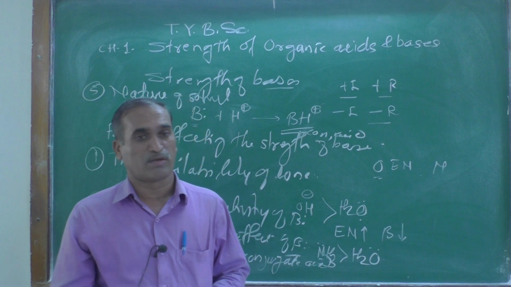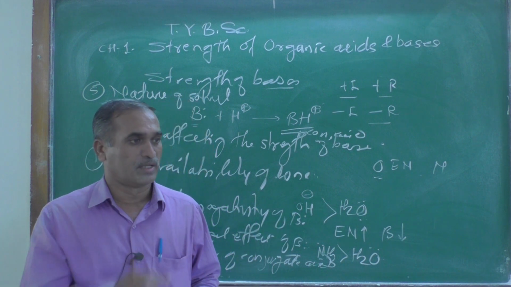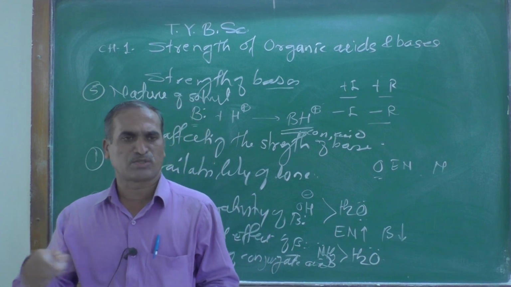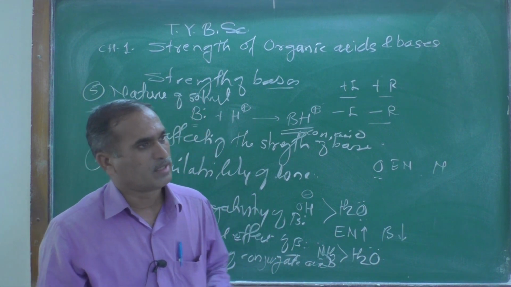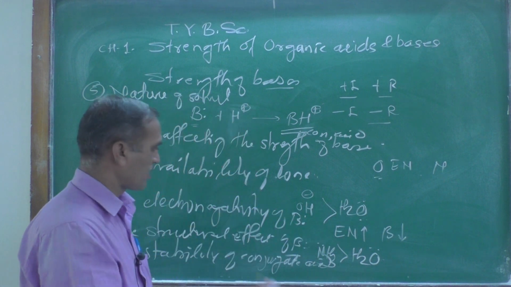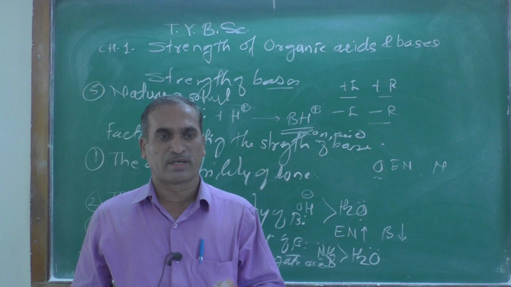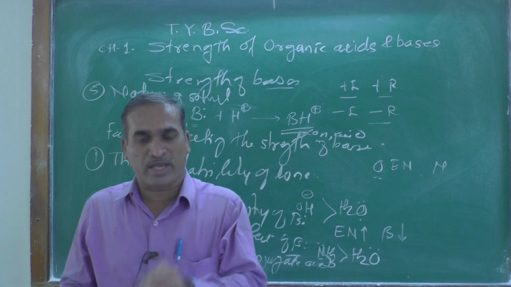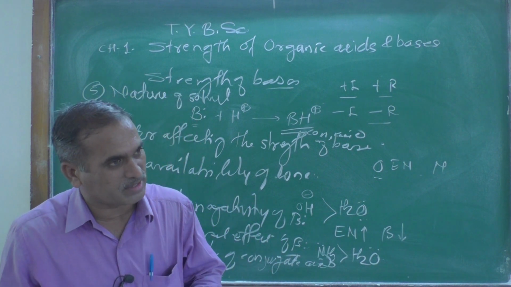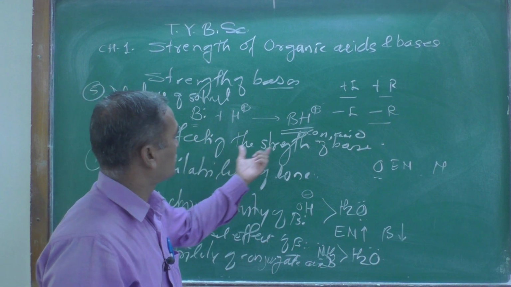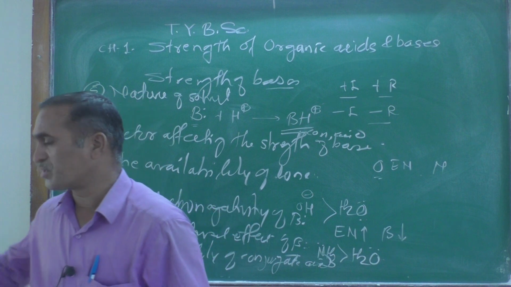In a non-polar solvent, such solvated bases are not present, so they are more basic in nature, and the basic strength goes on increasing. These are the five factors which greatly affect the strength of basicity.